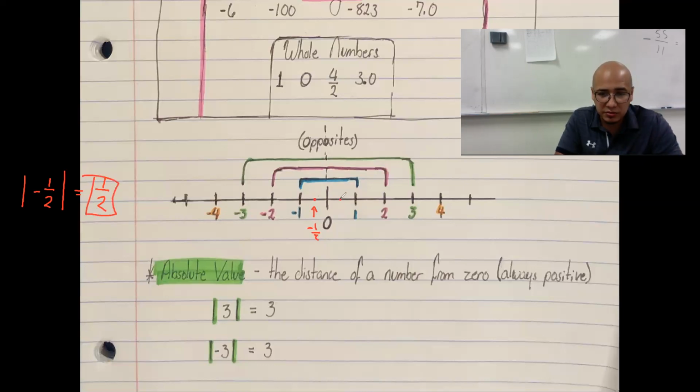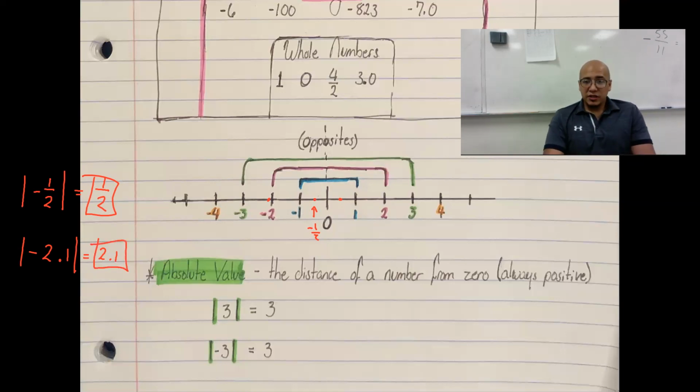It would actually be right over here. If I have something like the absolute value of negative 2.1, it's going to be 2.1. Even though negative 2.1 is right here, going to the left, the absolute value of that is going to be the value 2.1.